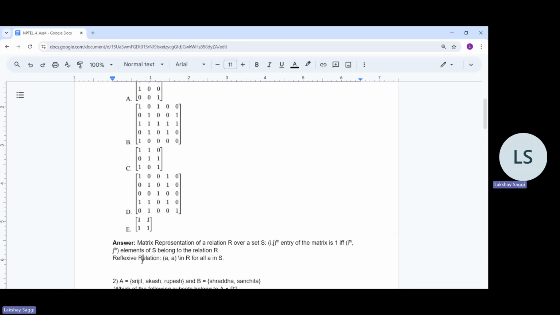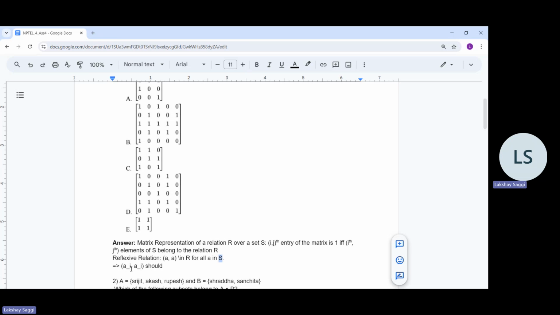So what this actually means in terms of these matrices is this. I'll just list out all the elements of the set S by A1, A2, A3, and so on.